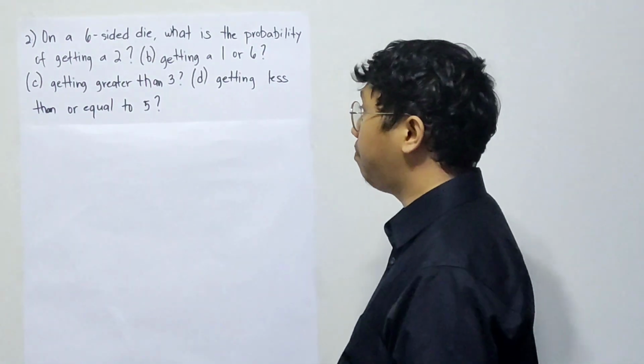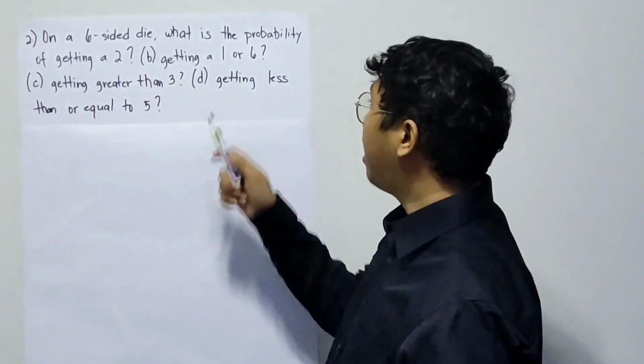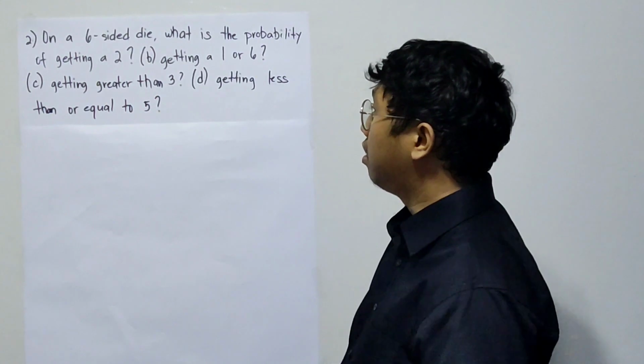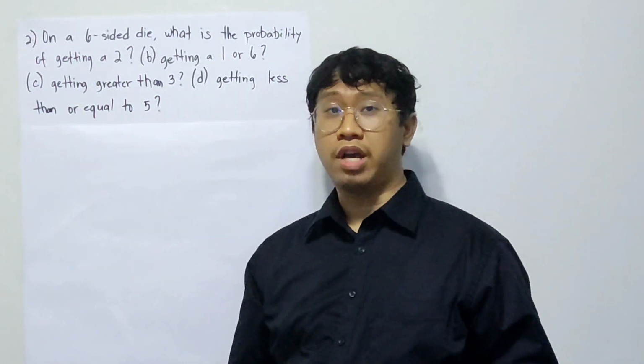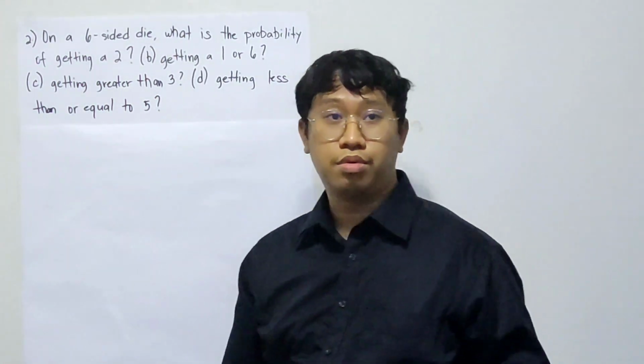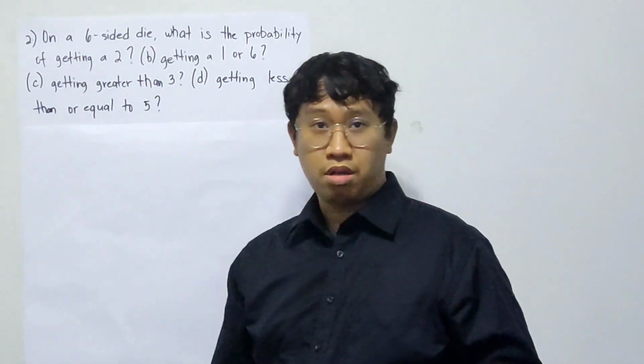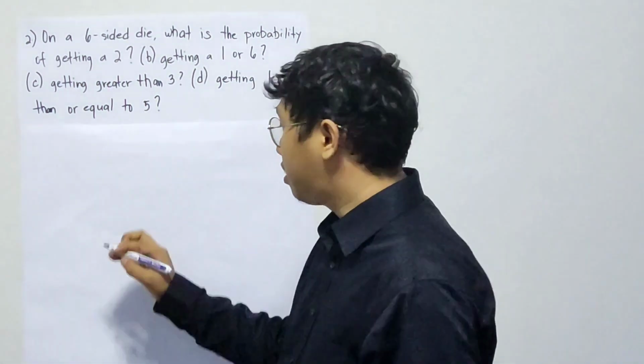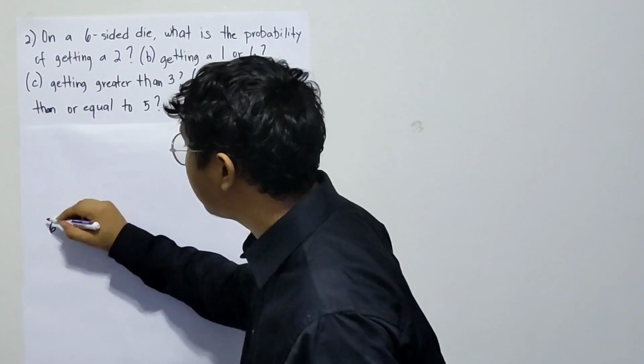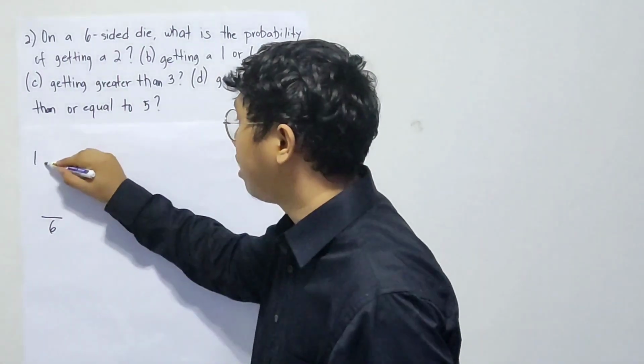On our next problem, on a 6-sided die, what is the probability of getting a 2? So again, we need to know the probability of getting a 2. The possible outcomes will always be 6, since it is a 6-sided die.